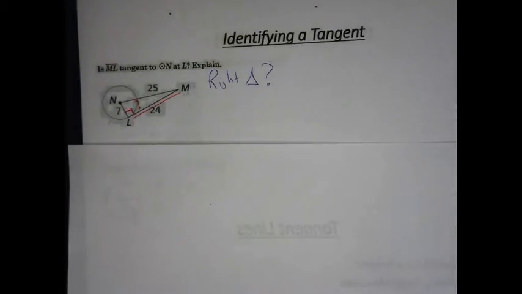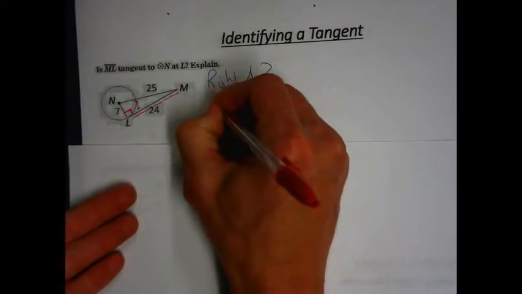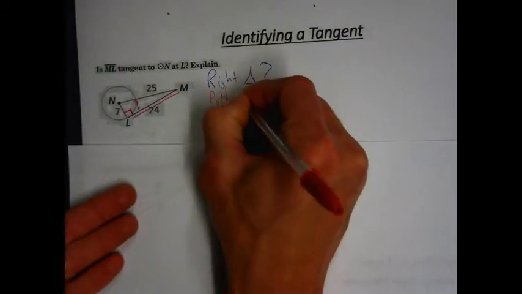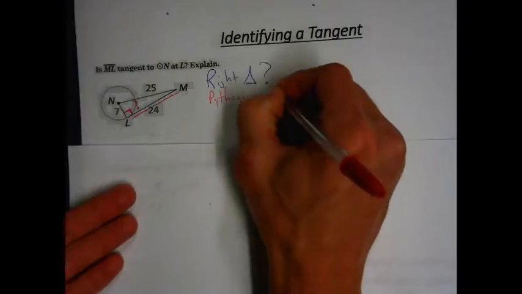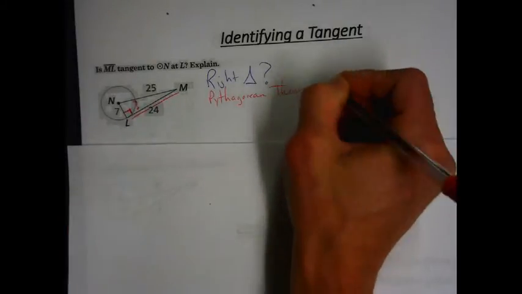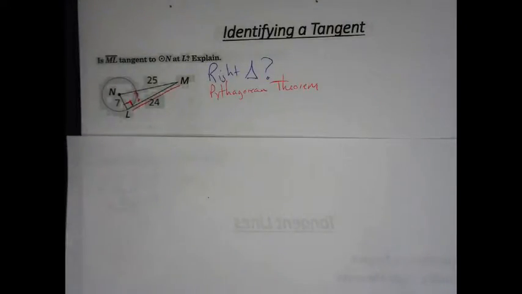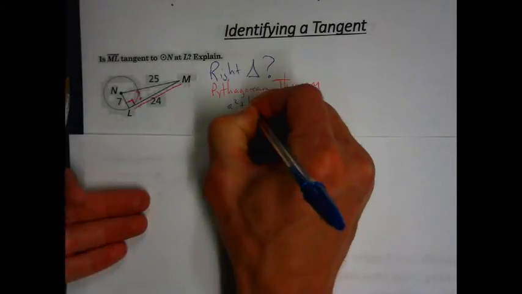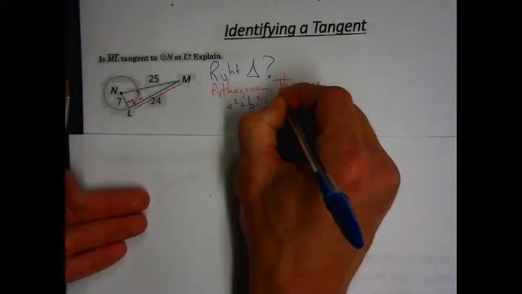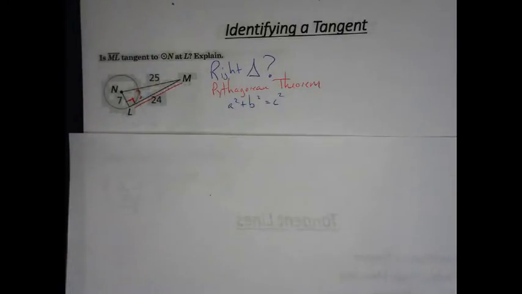Remember our good friend Pythagoras. Okay, so we have to work with the Pythagorean theorem. And if you remember your Pythagorean triples, this will make life a whole lot easier. But if not, remember how this works. The sum of the squares of the legs is equal to the square of the hypotenuse.